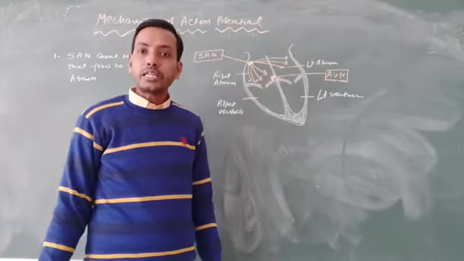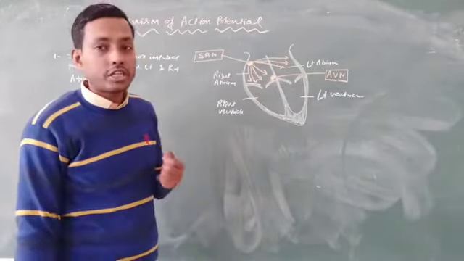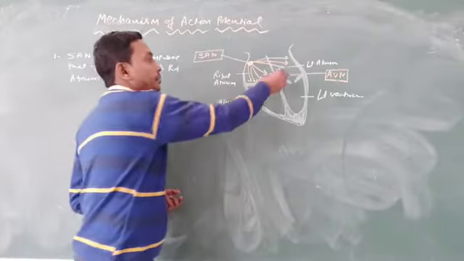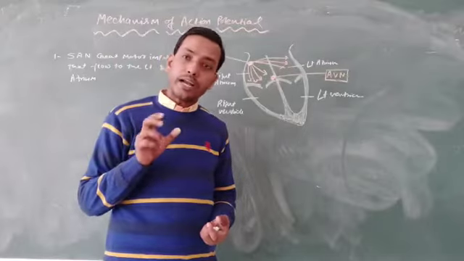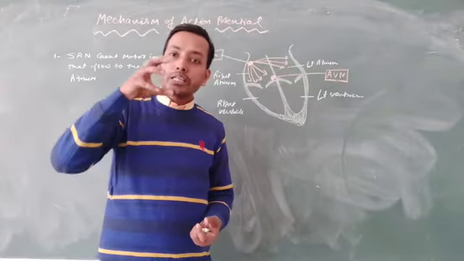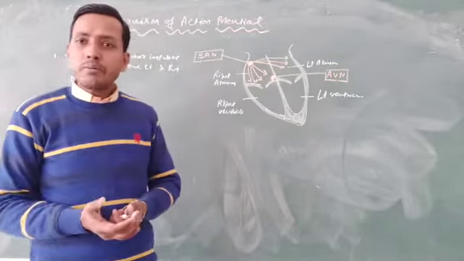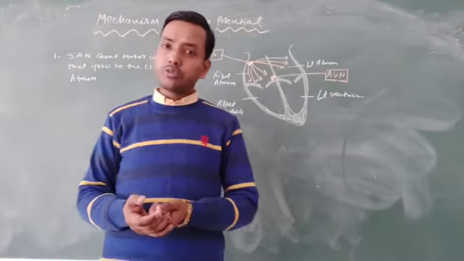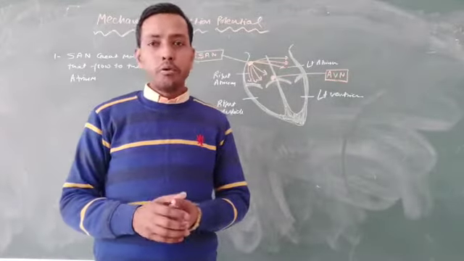What happens after getting the impulses? What happens to the atrium after getting the impulses? Listen carefully. When the left and right atrium collectively get impulses from the sinoatrial node, both shrink. What kinds of impulses are we talking about? Actually the electrical impulses, later the motor impulses.